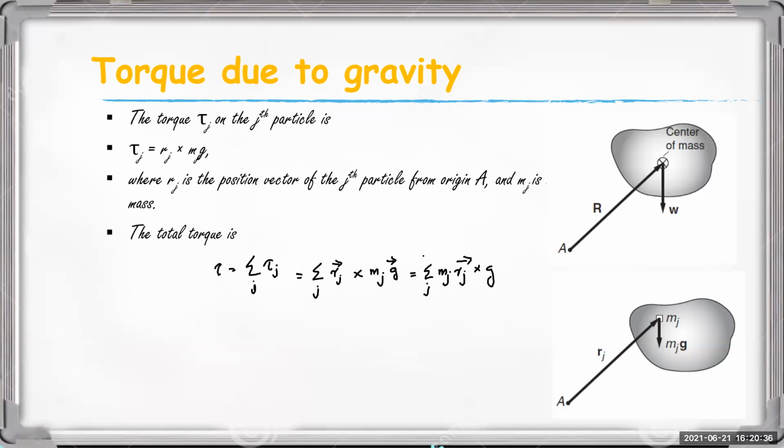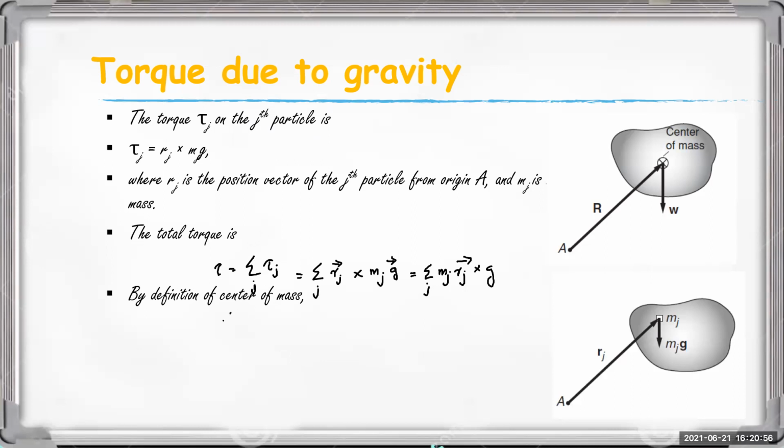Here this quantity, summation j mj rj, is related to the center of mass.